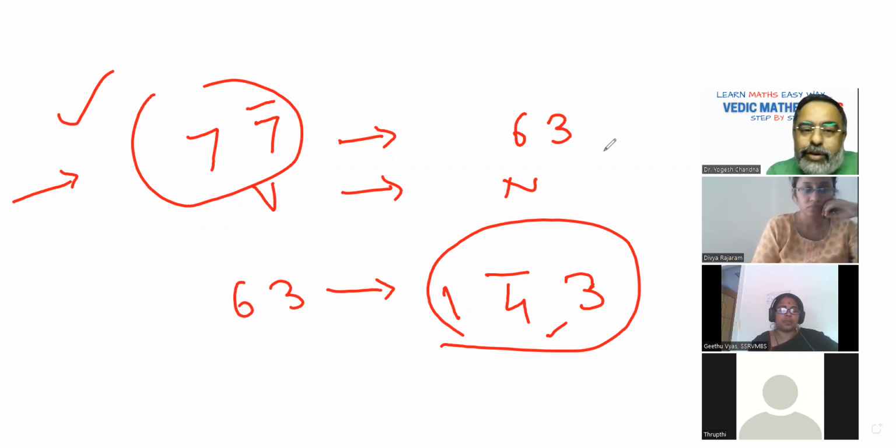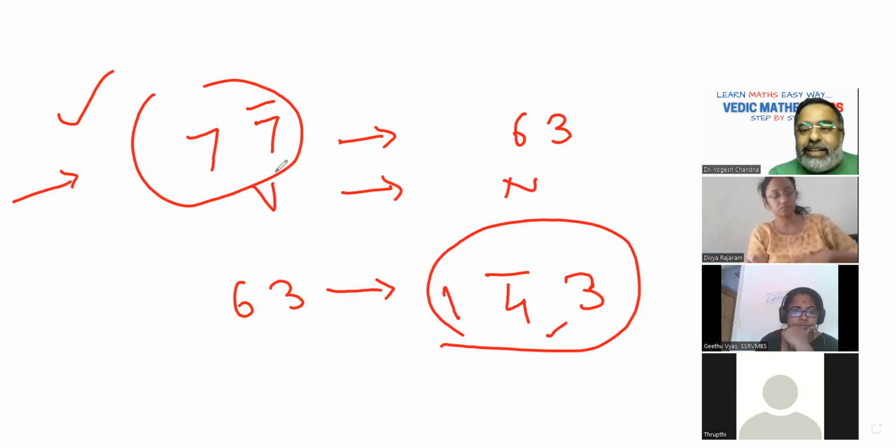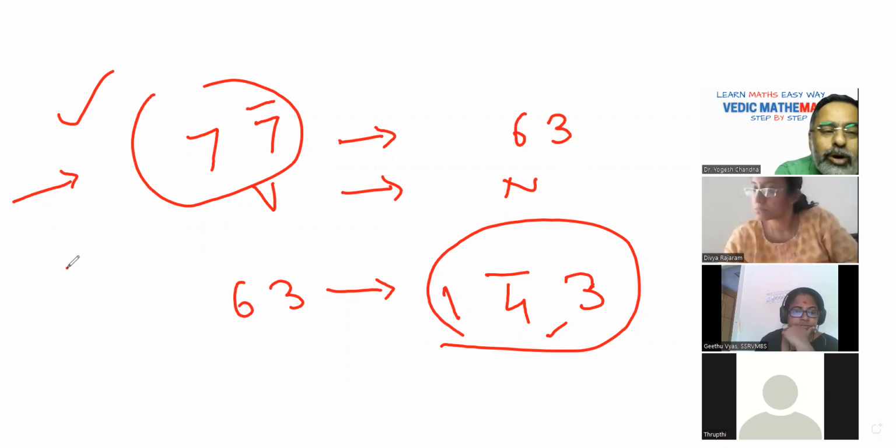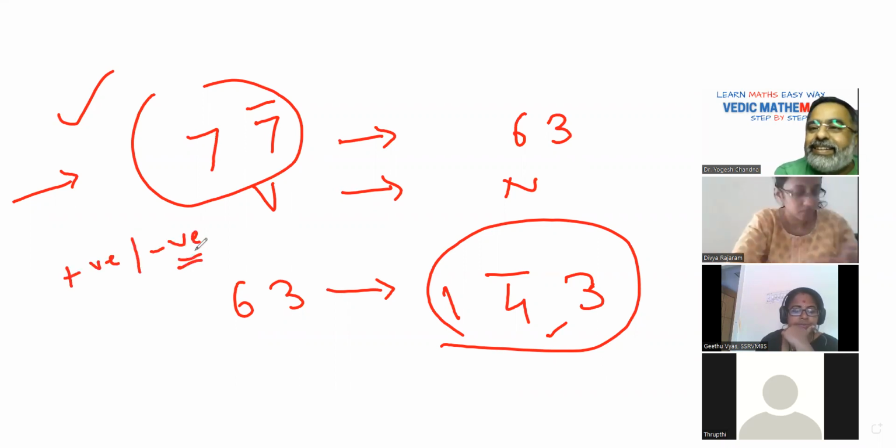So last time we were converting the numbers. Today, it's basically, what is vinculum? If you remember the definition, it is a combination of positive and negative digits. So today I am considering a number as a combination of positive and negative digits, and I'm writing it like that. My job today was not to convert.